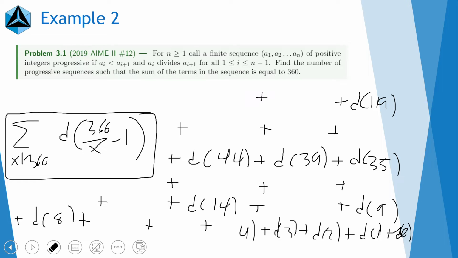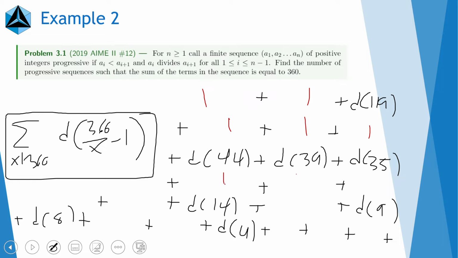Oh, no, that's not prime, sorry, 4 is not prime. Prime, prime. d of 1 is nothing. d of 0 is 1. If I fill those in with a bunch of red ones, I could do that right now.